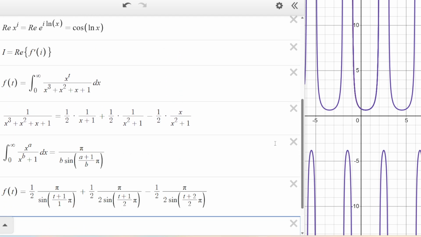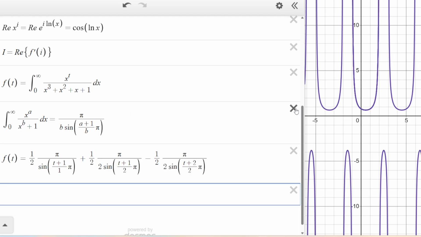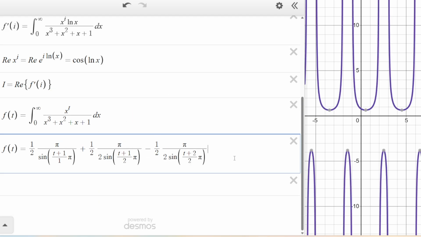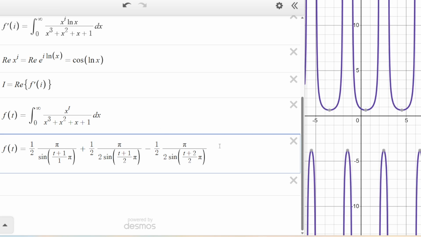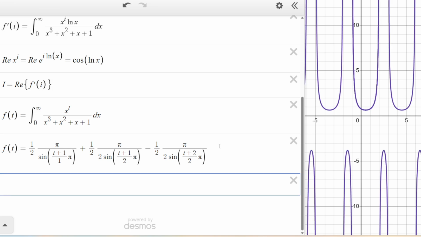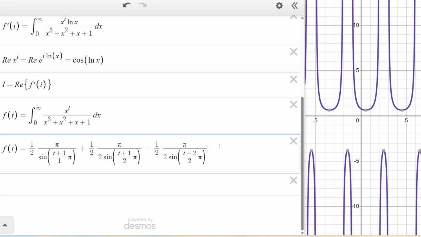All right, let's delete this graph. Let's delete all this junk. So now we just have f of t being equal to this. Okay. All right. But we want f prime of t so we can plug in i and take its real part. So now we could take the derivative of this thing with respect to t.